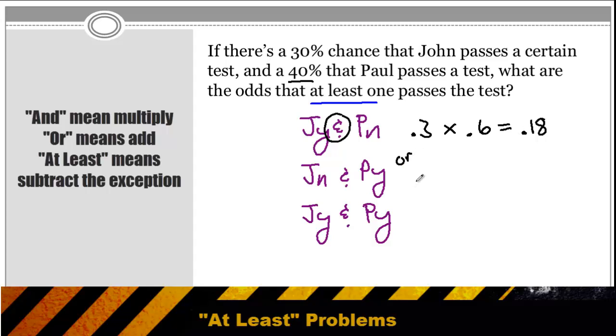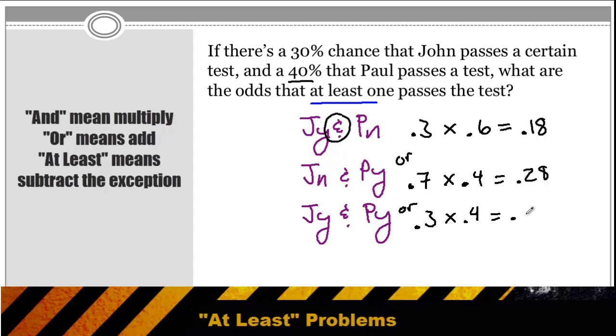Or John could not pass. So there's a 70% chance that John will not pass, and a 40% chance that Paul will pass, or a 28% chance that John doesn't and Paul does pass the test. Or they could both pass. So there's a 30% chance that John passes, and then there would be a 40% chance that Paul passes.